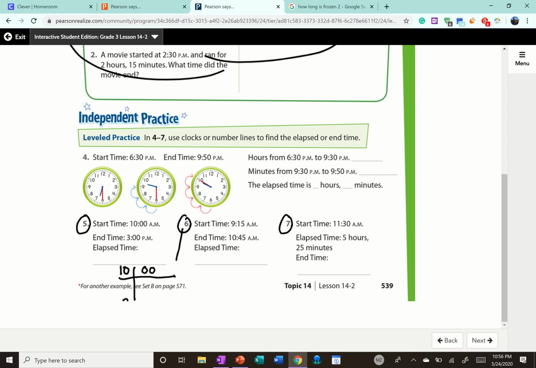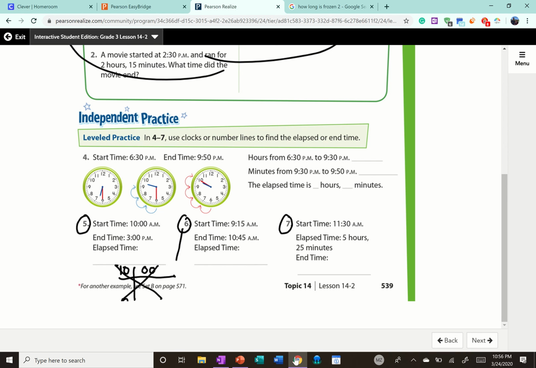All right, so a little harder than you think with this one because we have to go up to 12, and then after 12, we have to continue on from that point. So it's not as easy as using this chart as we did before. You really just got to count out the hours here. So really, we can use a clock in this one, or you can use that number line if you want to.